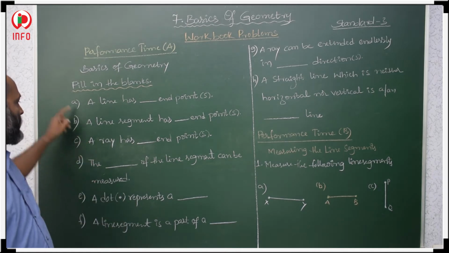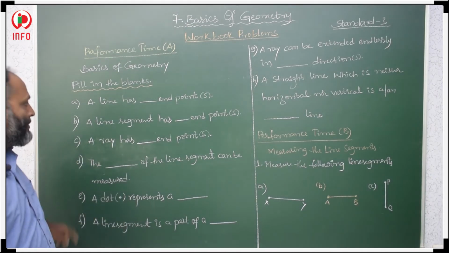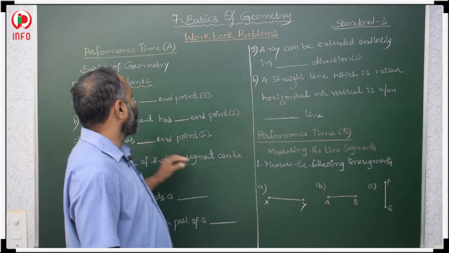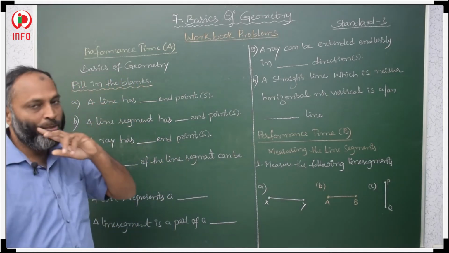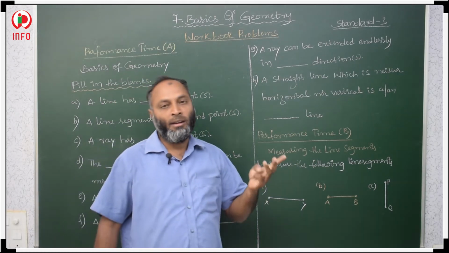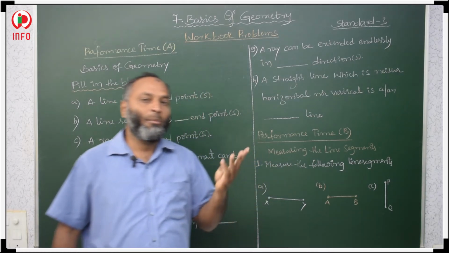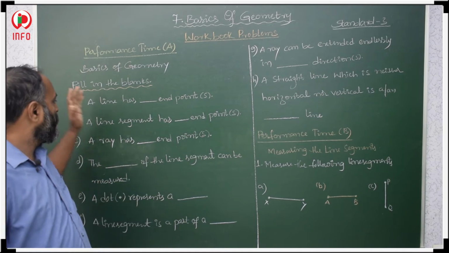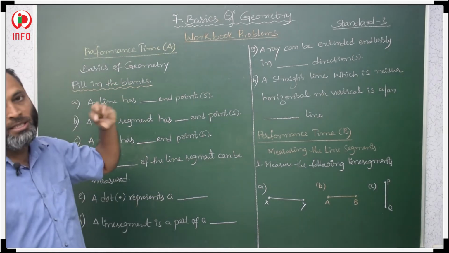Total how many blanks are given? 1, 2, 3, 4, 5, 6, 7, 8. So these 8 blanks are based on basic geometry, the properties of ray, line segment and point. So these 8 blanks are based on these concepts.